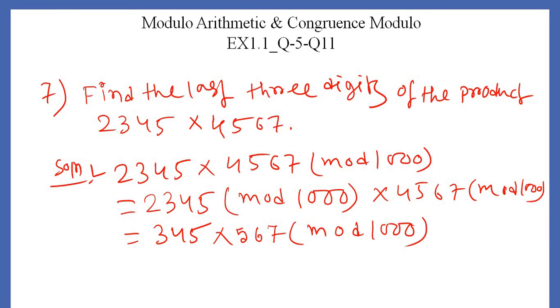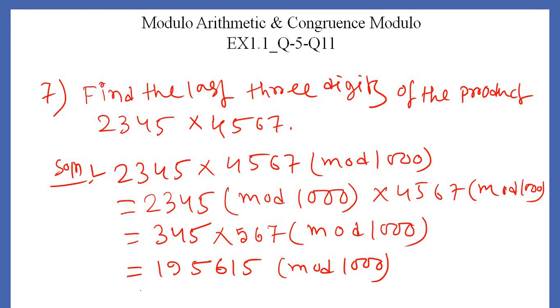Now each of the numbers individually is less than 1000, that means we have to multiply these two to get the last three digits of the given product. If you multiply 345 with 567, then you will get 195615 mod 1000.